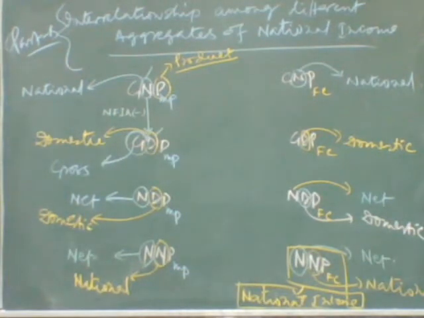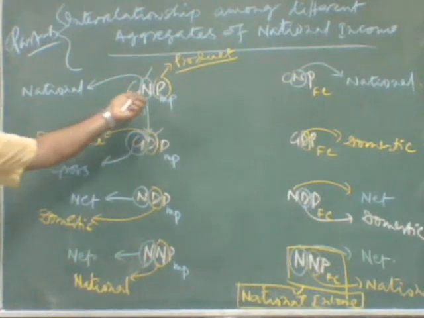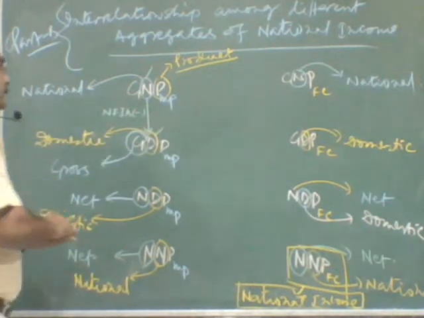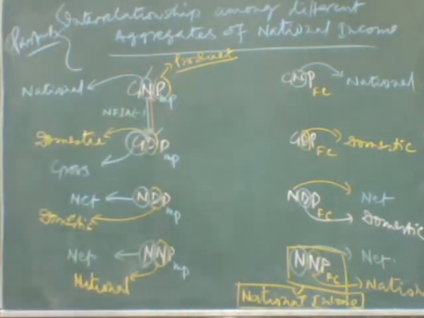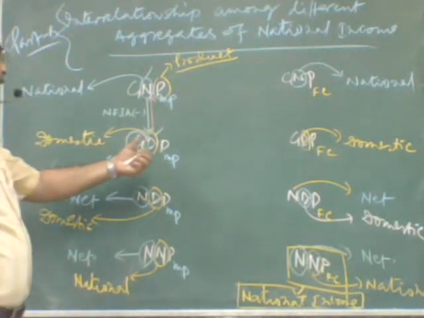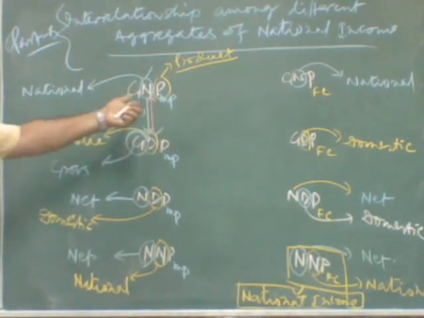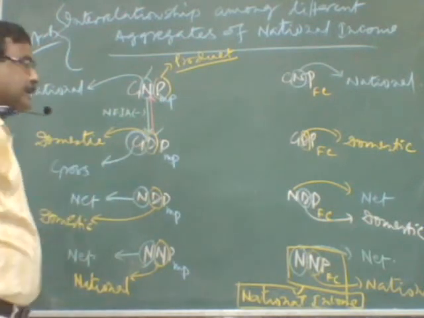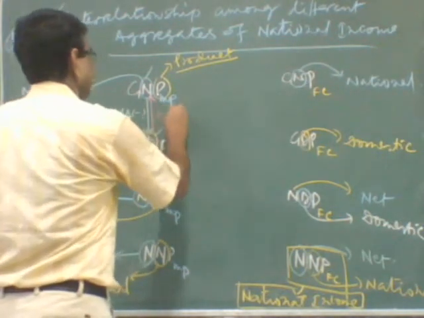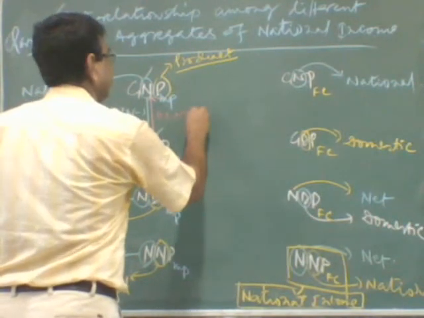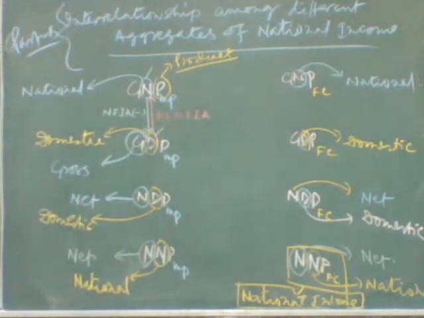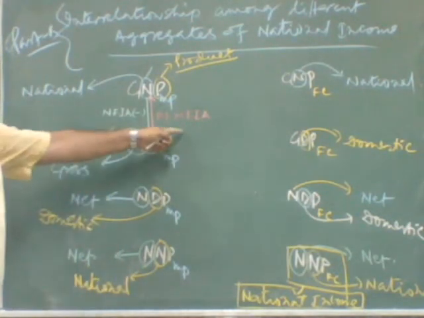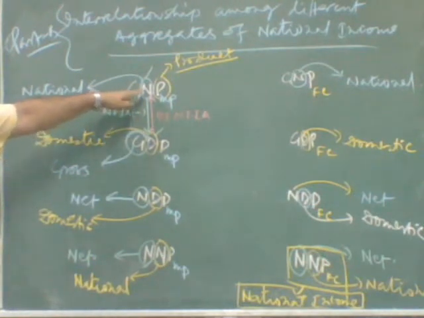But whenever we have to calculate the national, that is gross national product, NFIA will be added to the domestic. Domestic plus NFIA, you will get the value of national.